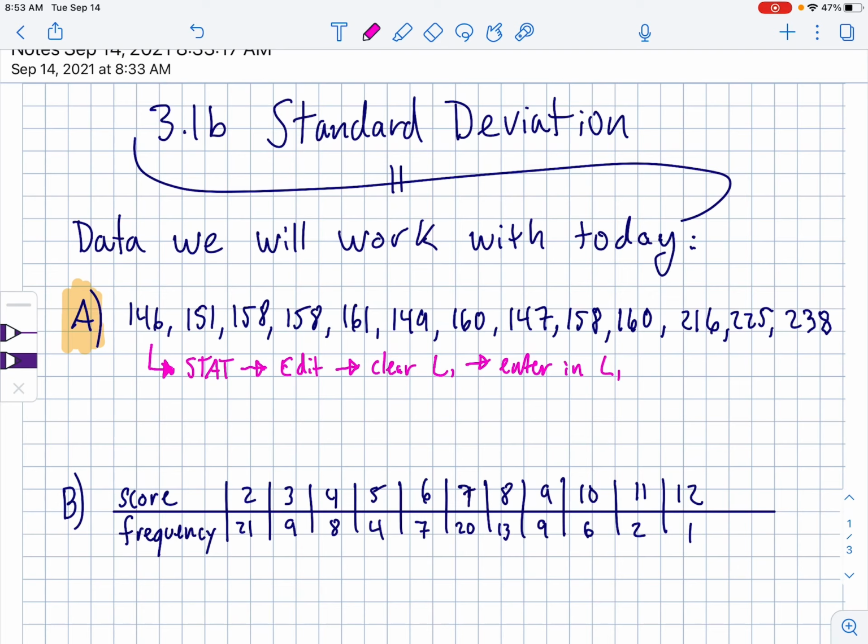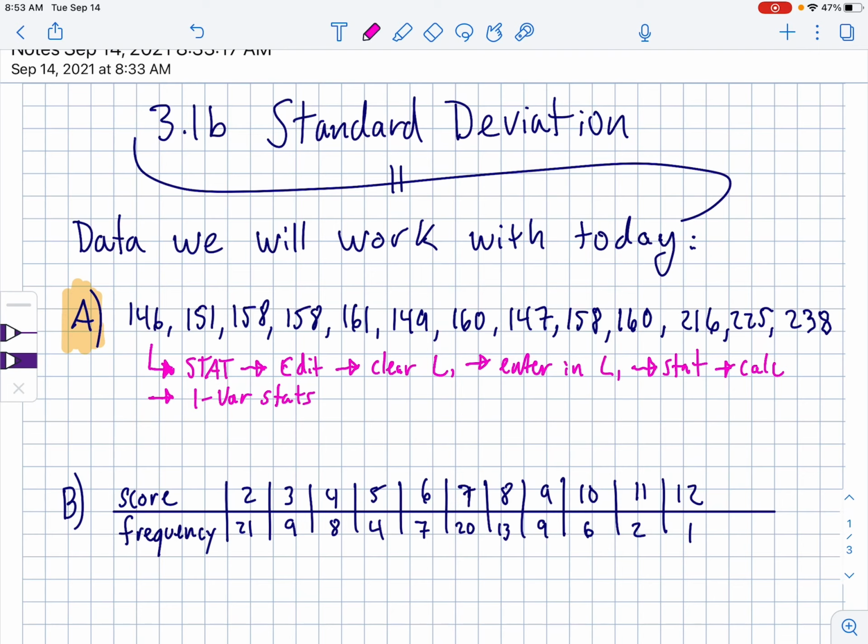Now, assuming I got those all punched in correctly, hit stat again, arrow over to calc, and hit enter on 1-var stats.